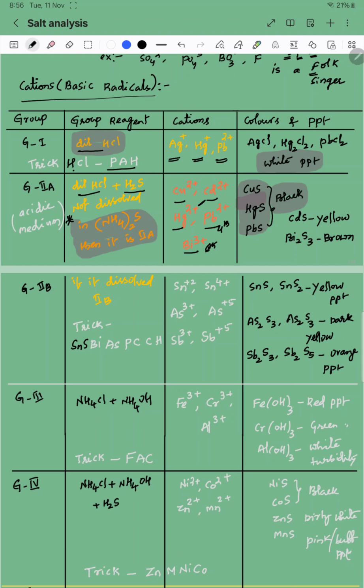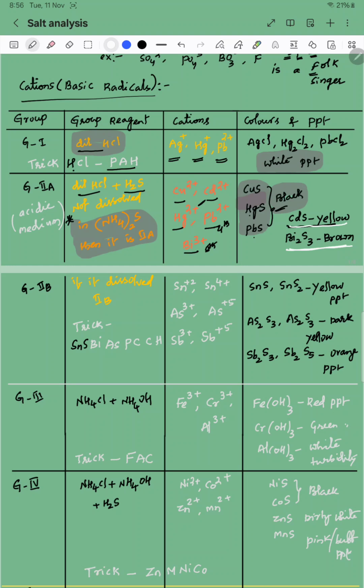Cadmium will form yellow in color. This is most important, student, a PYQ JEE Mains question, right? Bismuth will form brown color.